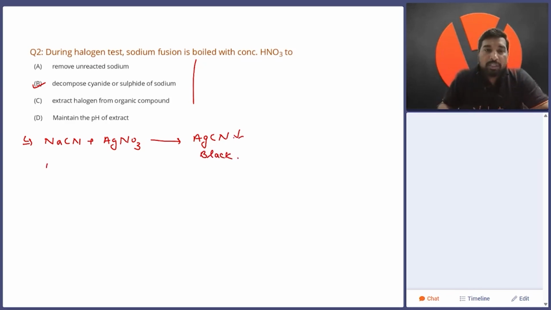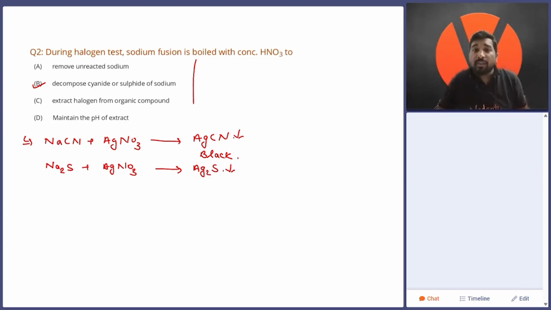And if sulfur is present, Na2S can react with AgNO3 and give Ag2S, a white color PPT. If nitrogen as cyanide is present in the solution, it can react with AgNO3 and disturb the test for halogen. In the second case, if sulfur is present, it can react with AgNO3 and give Ag2S, a white color PPT, which can disturb the test for halogen.